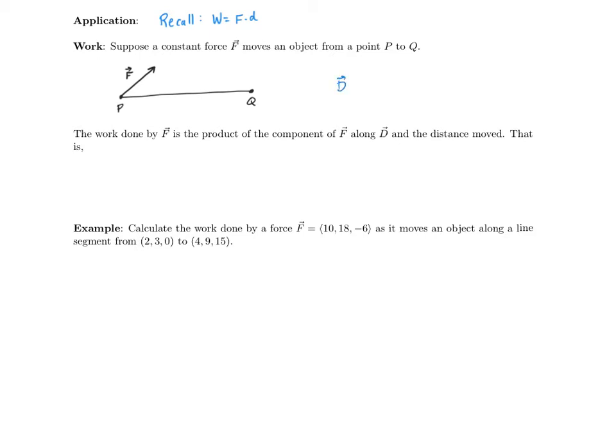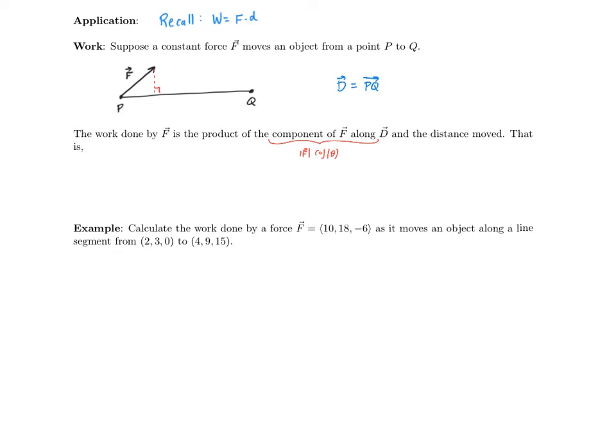Let the vector D, where D stands for displacement, be the vector going from P to Q. I'll also remind you, if we drop down a perpendicular, then the component of F along D is given by the magnitude of F cosine theta, similar to what we were talking about with projections in the last video.